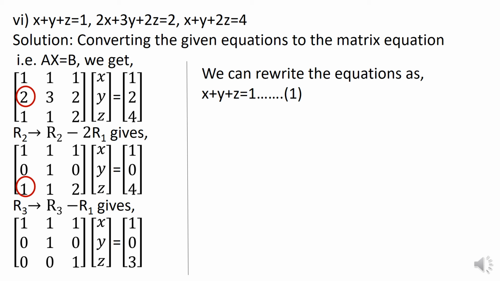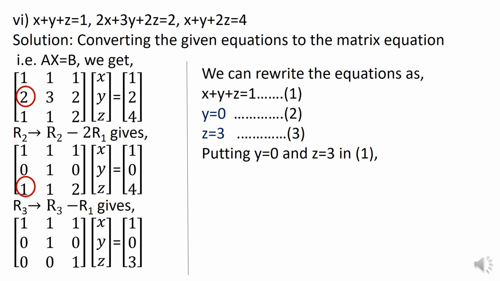Similarly, y is equal to 0 and z is equal to 3. Now here we have easily found out the values for y and z. So putting the values of y and z in equation 1, we get the value for x, that is minus 2. Thus we solve these equations by reduction form.